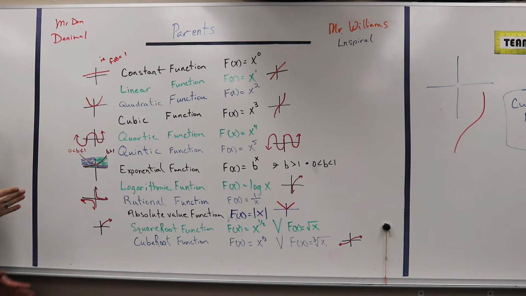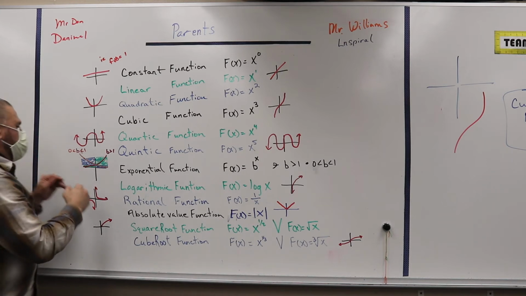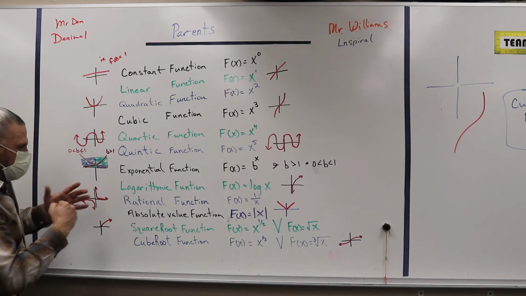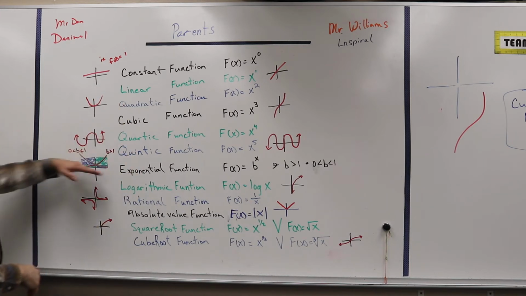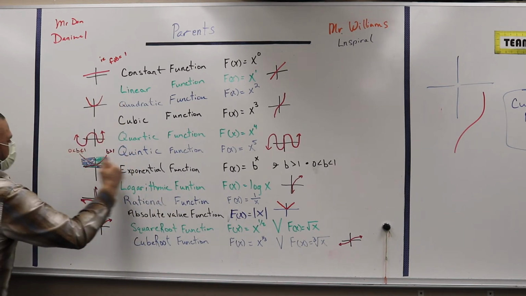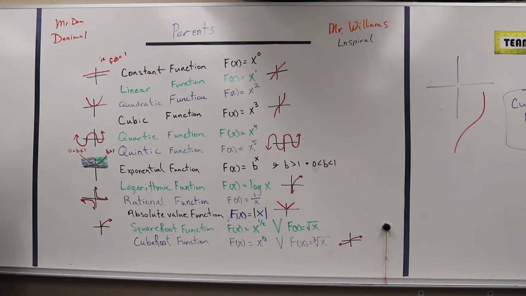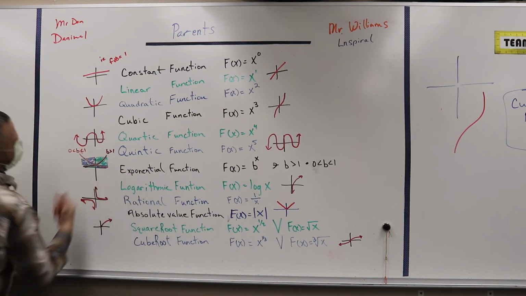The b becomes a fraction, and so as it gets bigger and bigger and bigger, it gets closer and closer and closer to 0, and as it gets smaller and smaller and smaller, it gets closer and closer and closer to infinity. So that's why it flips, okay?